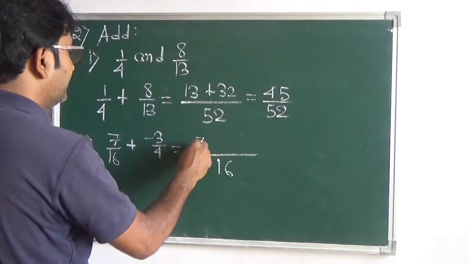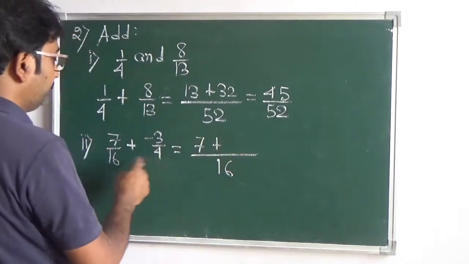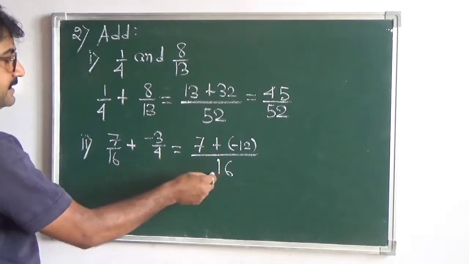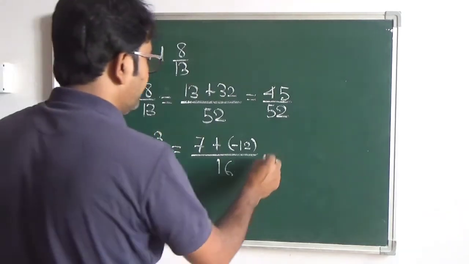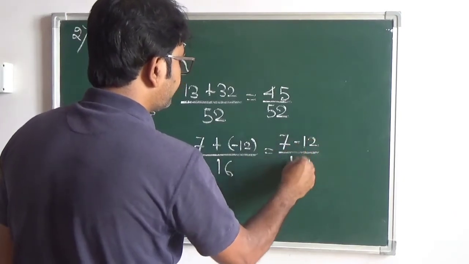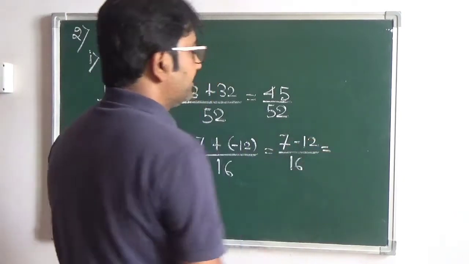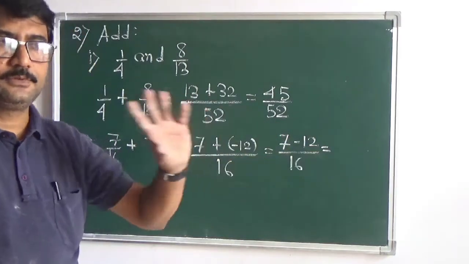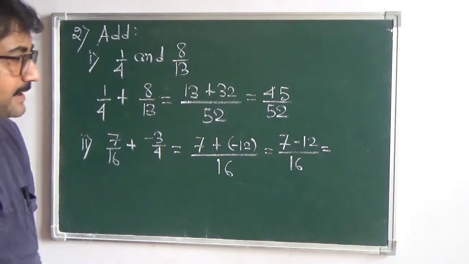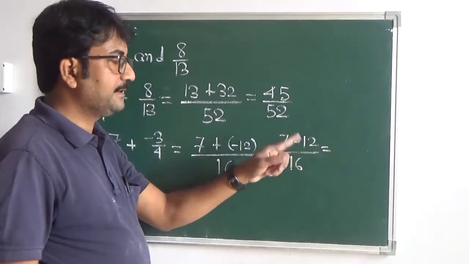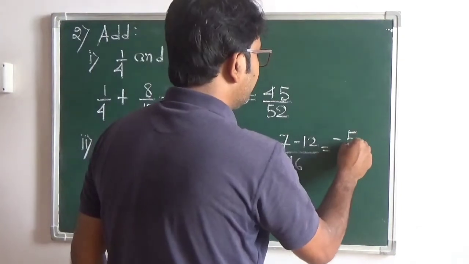So it will be 7 plus 4 times, so it is minus 12. 4 into 4 is 16 and 4 into 3 is minus 12. So it is 7 minus 12 by 16. Positive sign with 7 and negative sign with 12, so you have to subtract. 12 minus 7 is 5, but the number 12 is bigger, so the negative sign will be there. So it is minus 5 by 16.